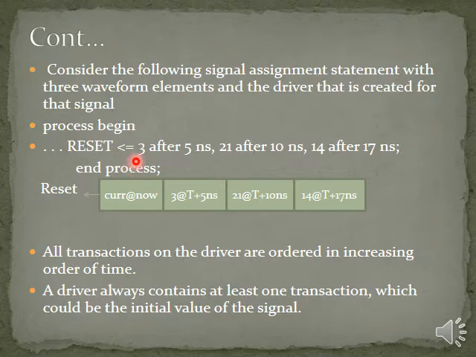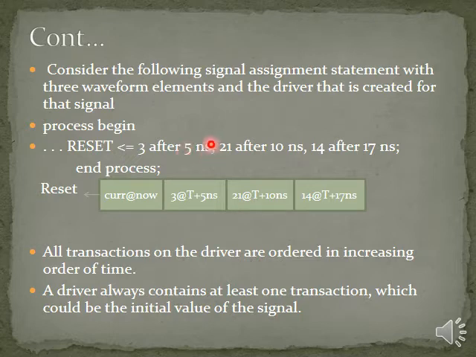When it executes, how are the drivers created? Here, look at reset. First it executes at the current time; that means when you start, it is now. It starts execution at now. In this waveform element, what happens when time advances 5 nanoseconds?